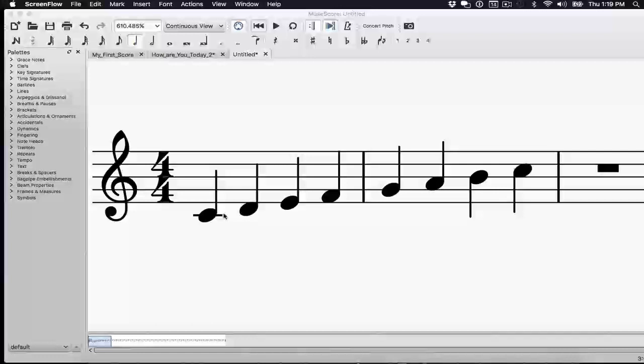Now, I like to think of the modes as additional color in a way. We think of the major scale as being kind of happy and the minor scale being kind of sad, but human beings have many more emotions than just happy and sad, right? What if we wanted one that sounded not quite sad, but more contemplative?